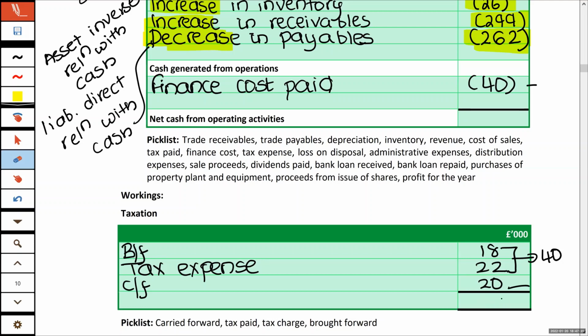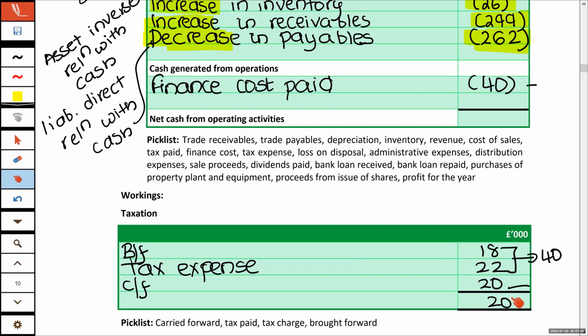So I'm repeating myself. Brought forward at the start of the year, this is what I will have to pay them. During the year, 22 came up and I had to pay them another 22. In total, I am liable to pay 40. But at the year end, I'm only saying I'm liable to pay 20.